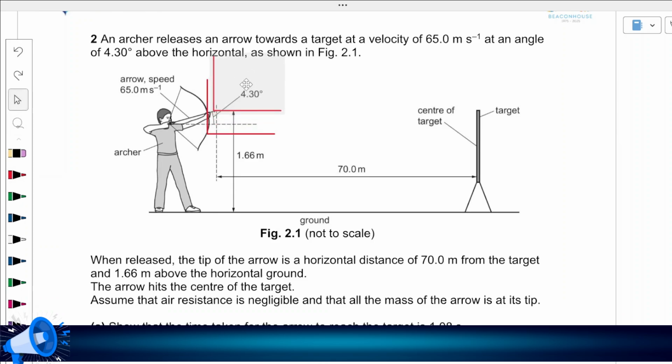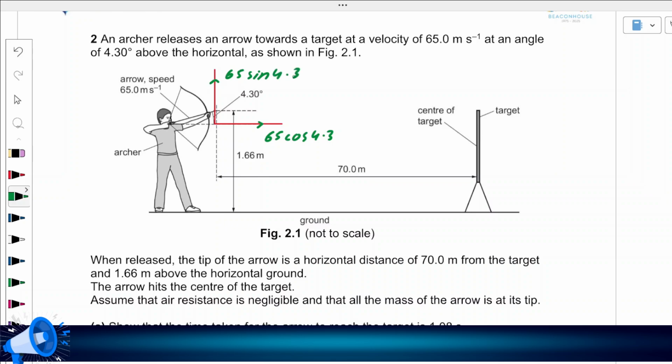So let's say this is the velocity, and one of the components is along the x-axis, which would be 65 times cos of the given angle, 4.3, and the vertical component would be 65 times sine 4.3.